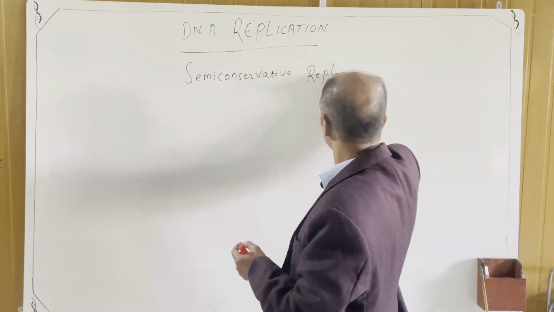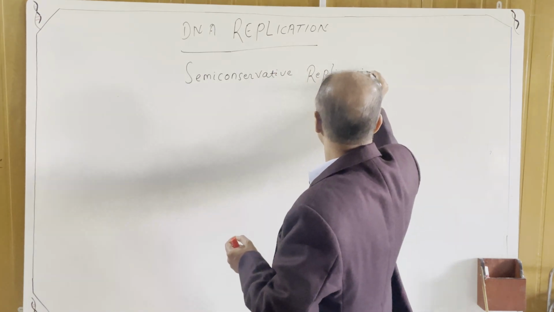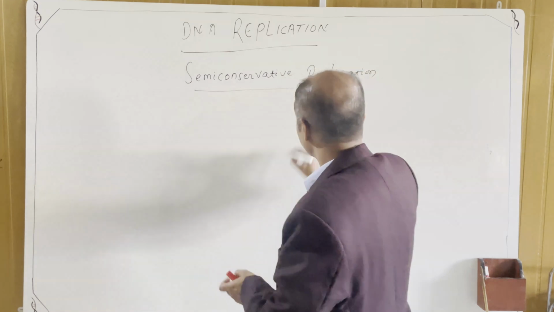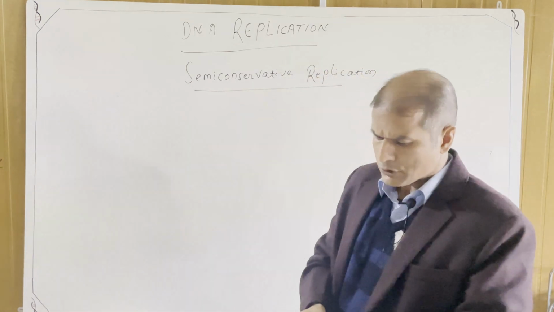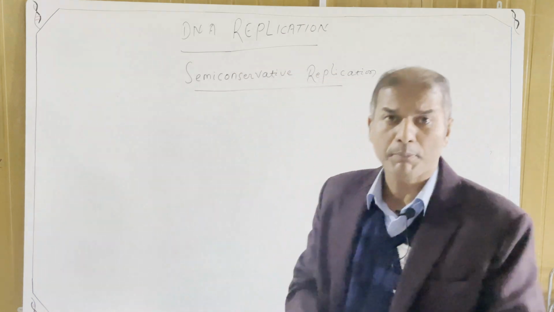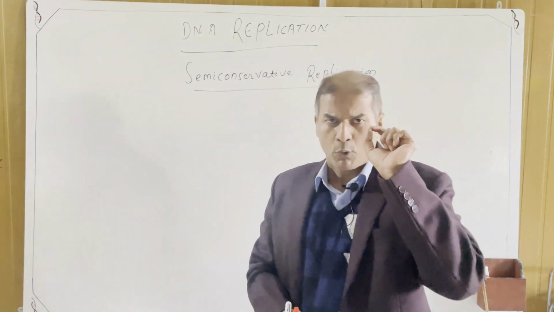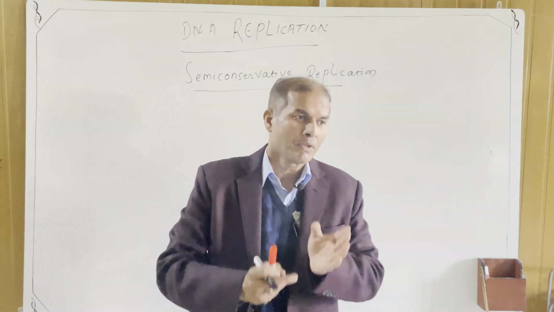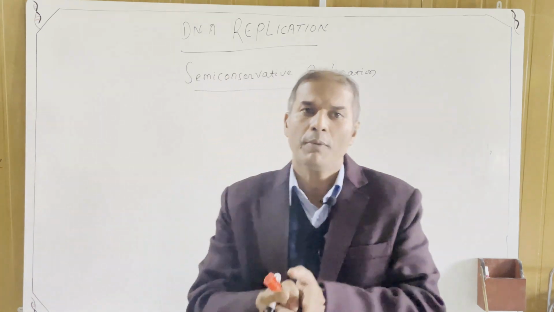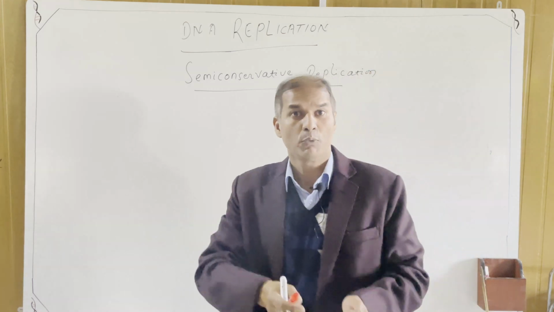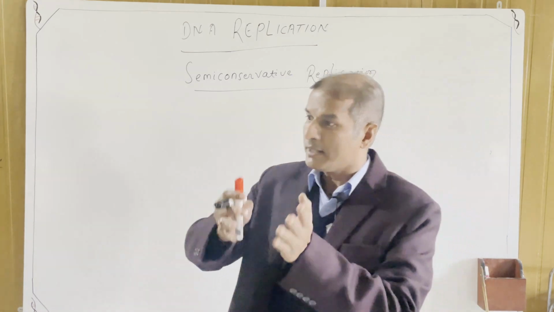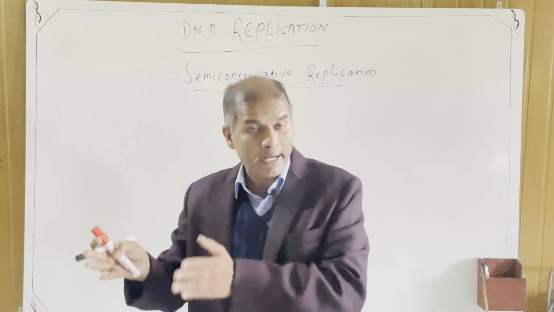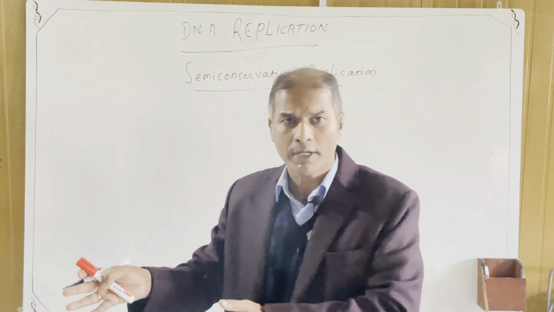So now we have to know why it is called semi-conservative replication. It is called semi-conservative replication because when two daughter DNAs are formed from one parental DNA, half of the character of parent DNA is present in one of the daughter DNA and another half of the parental DNA character is present in another daughter DNA.